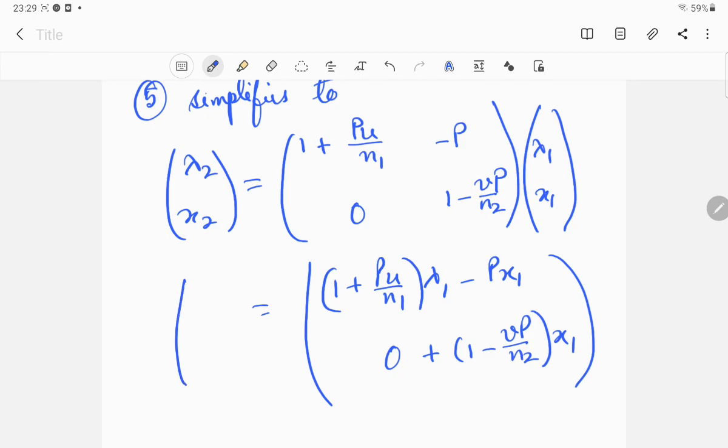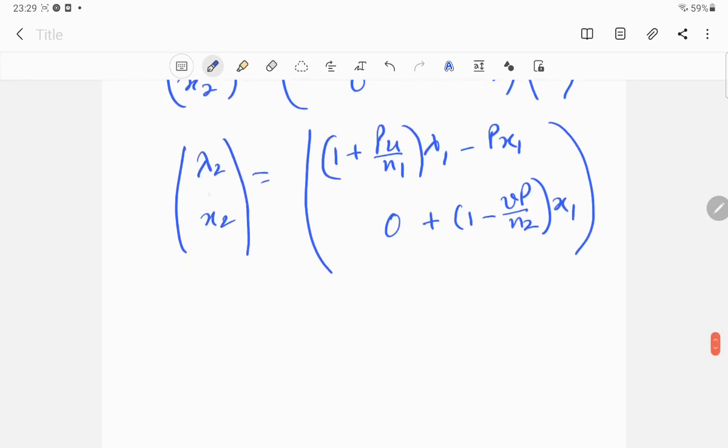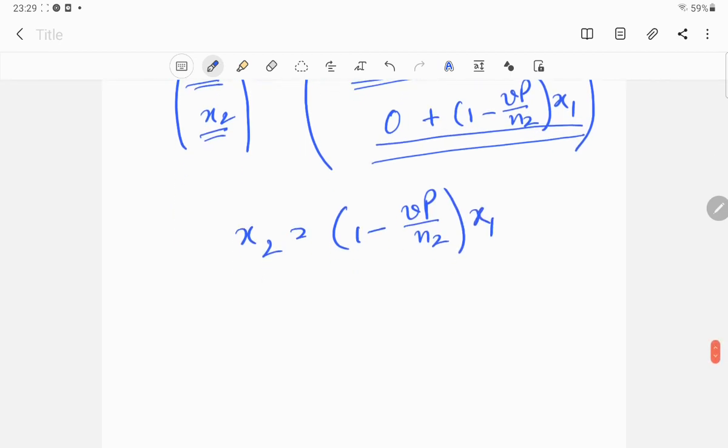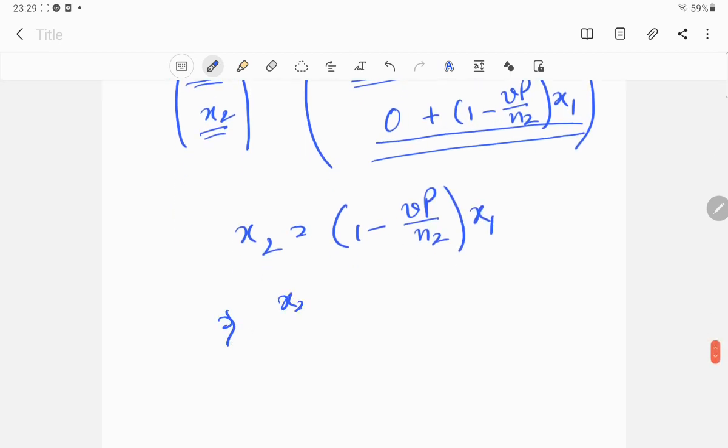Comparing the elements, this element can be compared with this element, and this with this. So x2 is nothing but 1 minus vp by n2 into x1. Fine. So x2 by x1 is 1 minus vp by n2.